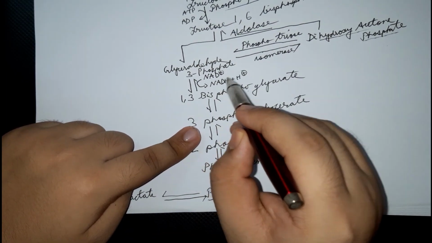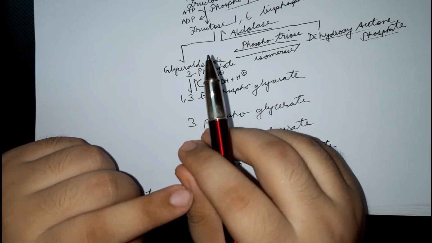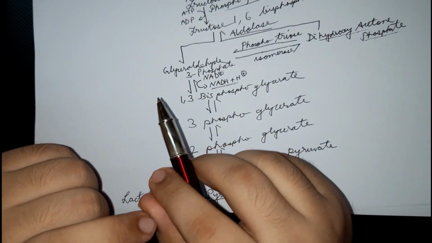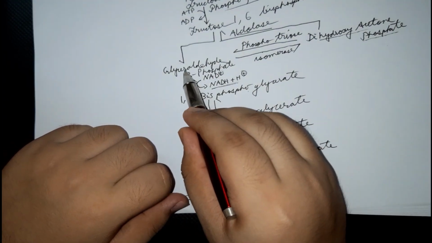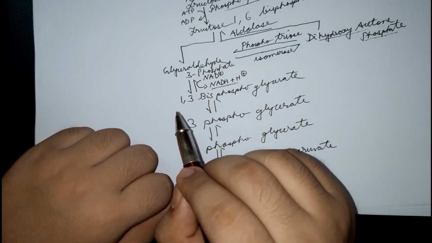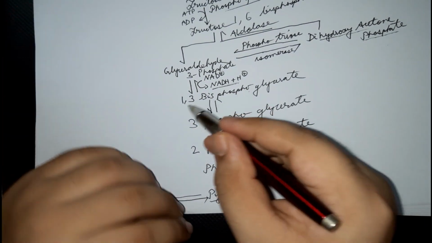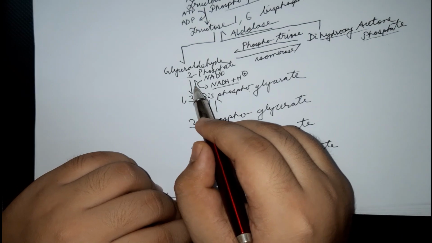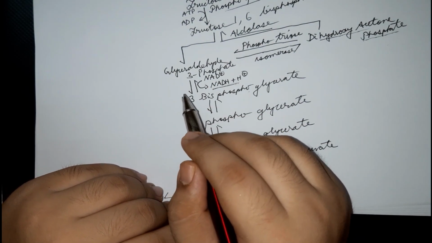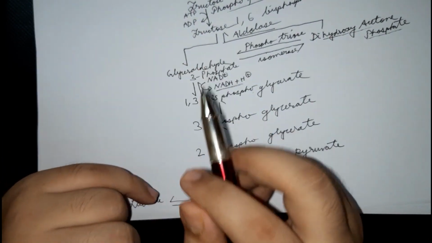So we find essentially that this oxidized coenzyme NAD plus is reduced to its reduced form NADH plus H plus. So in the actual reaction, glyceraldehyde 3-phosphate to 1,3-bisphosphoglycerate, dehydrogenation is taking place because the hydrogen from glyceraldehyde 3-phosphate is going to NAD plus. So the enzyme required will be a dehydrogenase enzyme.